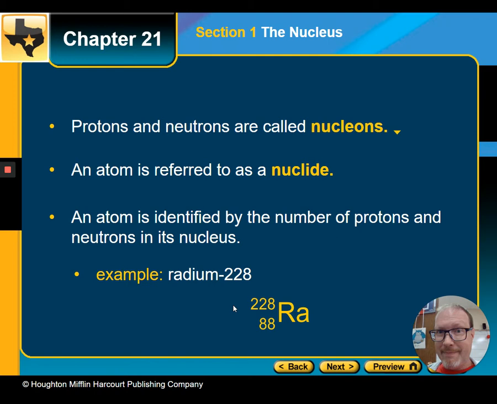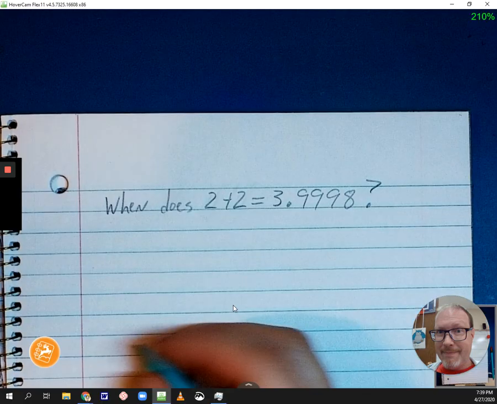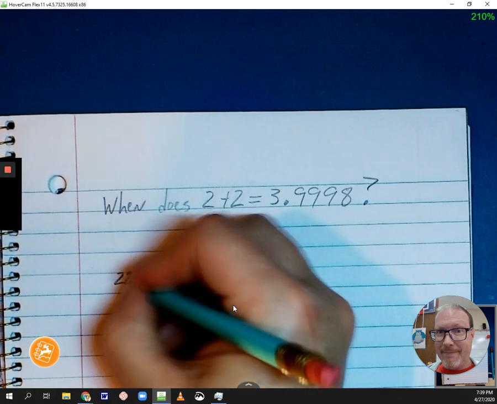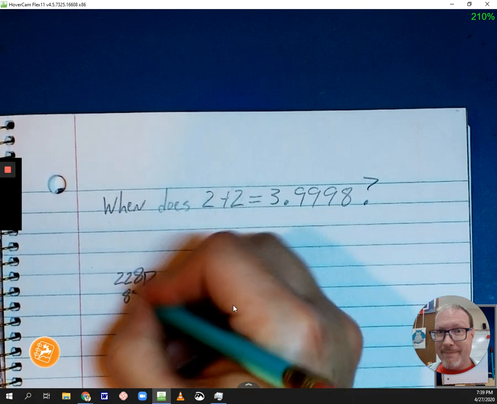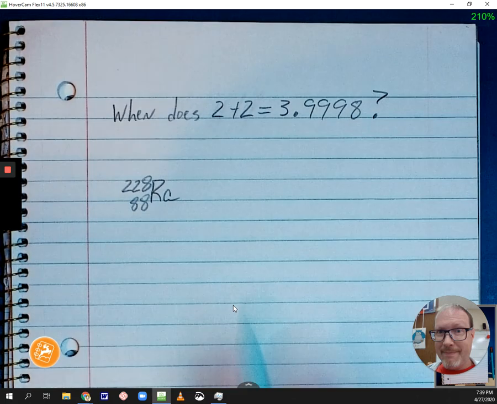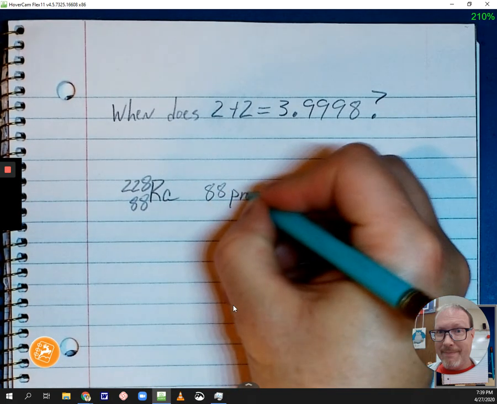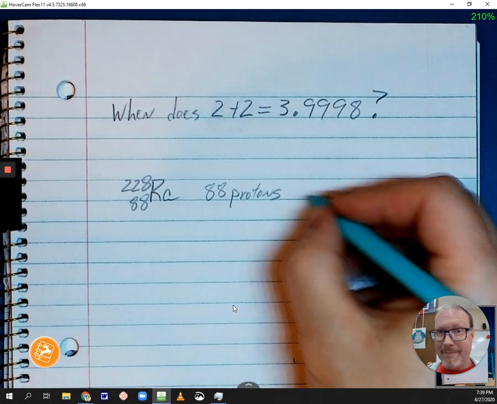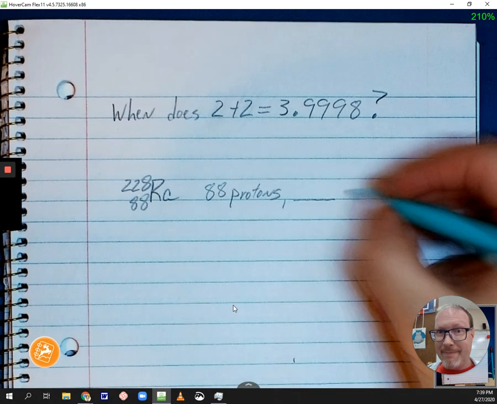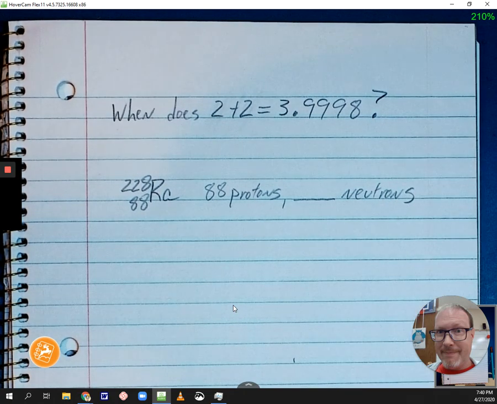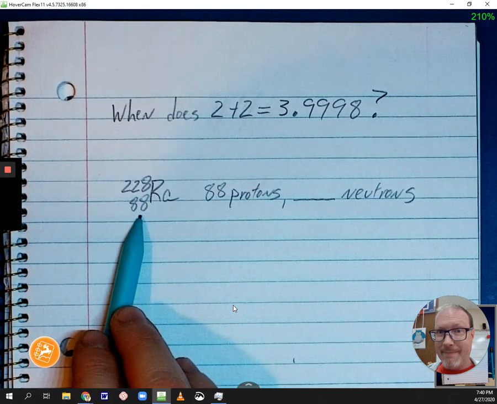Now, just as a refresher, radium-228 has an atomic number of 88, which means that of that 228, I've got 88 protons. The rest of the mass is made up of neutrons. And I can find that simply by taking the total mass minus the mass of the protons.